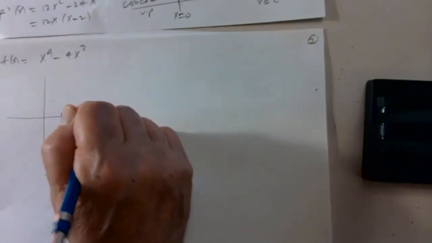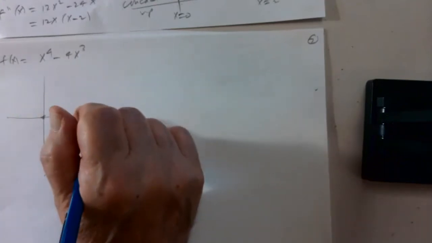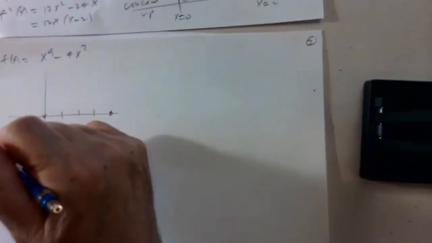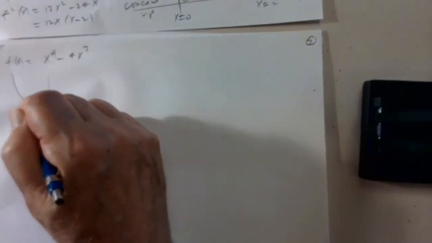If f of x is x to the 4th minus 4x cubed, you can see that this is 0 at 0 and 0 at 4, and the curve is concave up and decreasing till you get to 0.